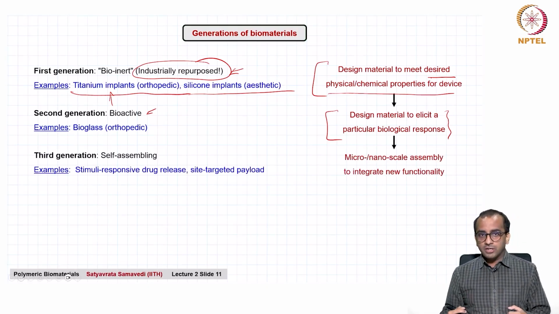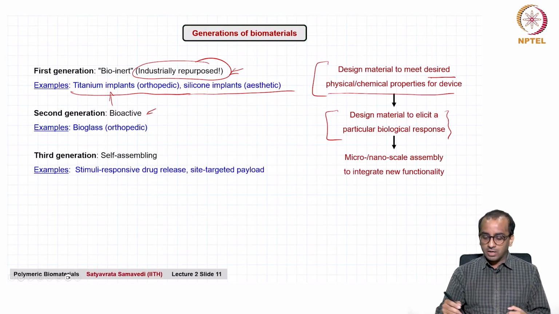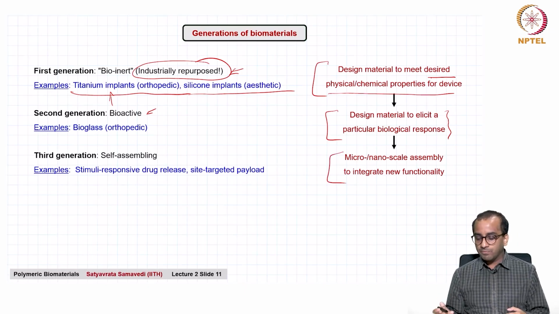Moving to third generation, we have now gone to a situation where the design philosophy is to use micro or nanoscale assembly to integrate newer forms of functionality into the biomaterial.